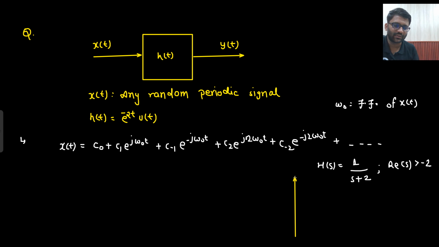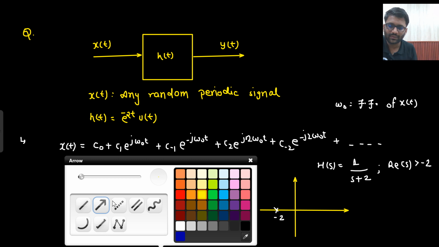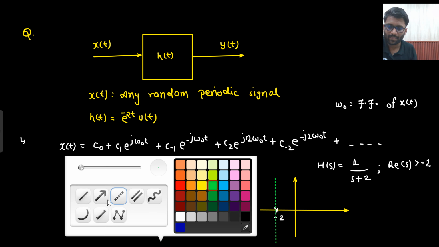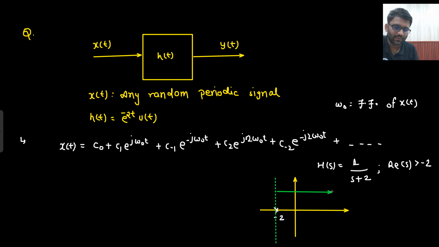Yes, let me draw it. Real part of s greater than minus 2. So this will be your ROC, and the ROC includes the j omega axis.